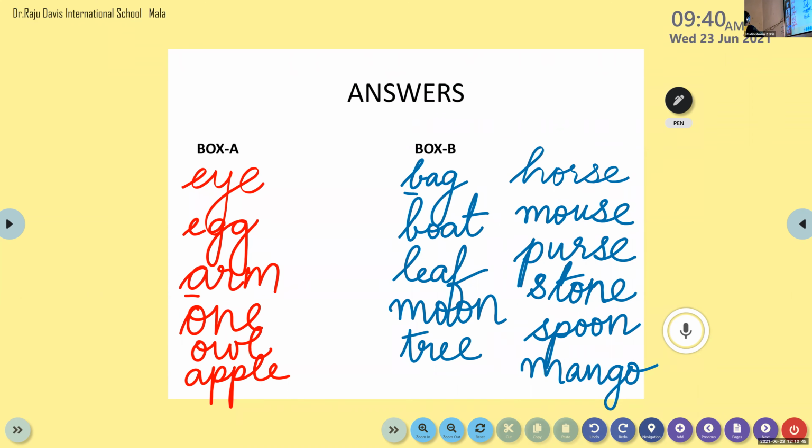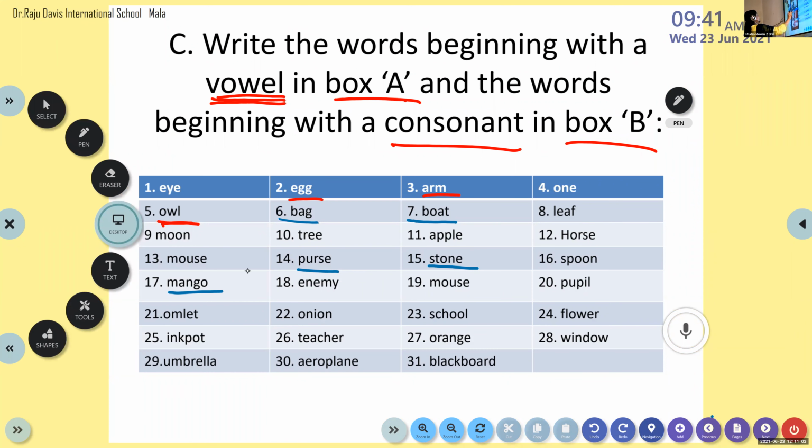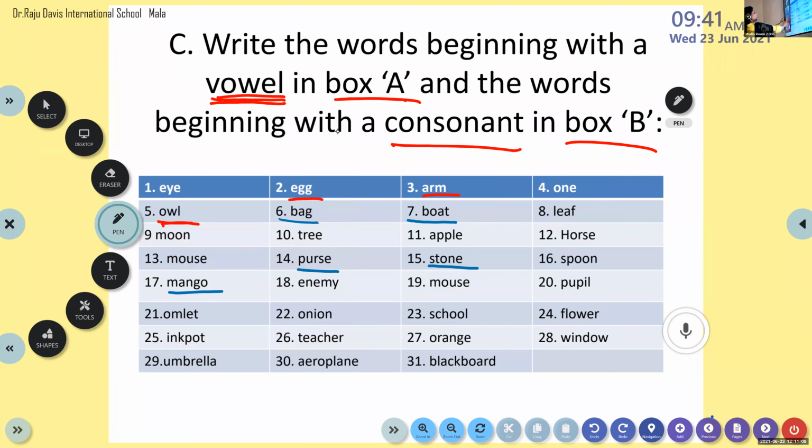Sahasra, can we do the next one? Yes. Sahasra, Vinu. Do the 18th word, Sahasra. Read the 18th word.